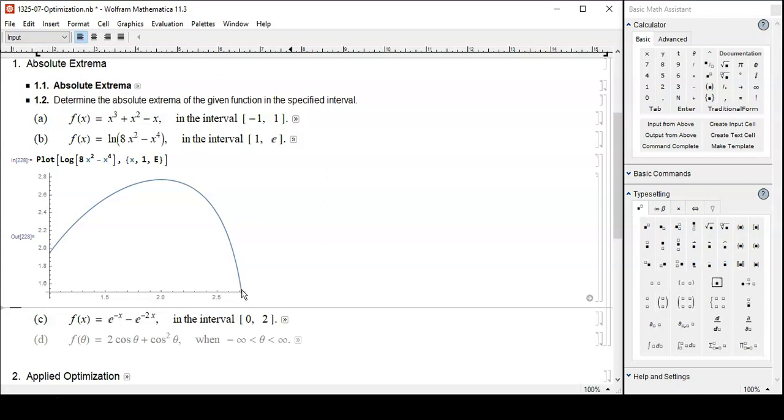All right. Absolute maximum will be somewhere around here. Looks like around x equals 2. Do you see that? So around here, I have horizontal tangent, x equals about 2, I suppose. So in any case, I have to take the derivative and set it equal to 0.